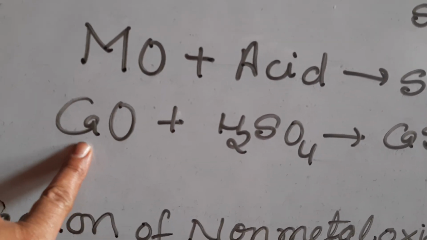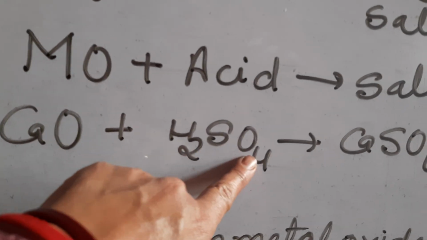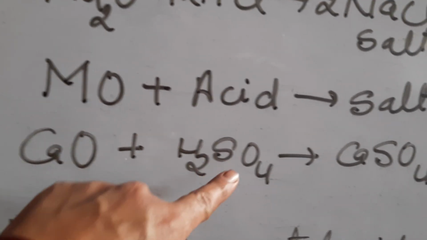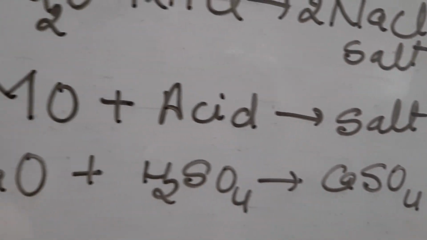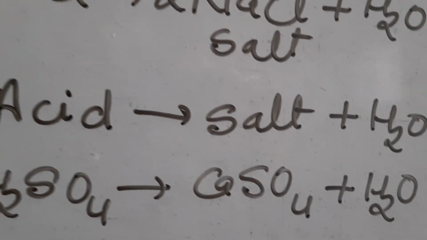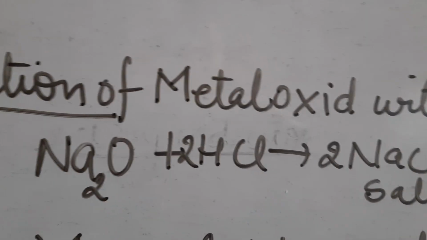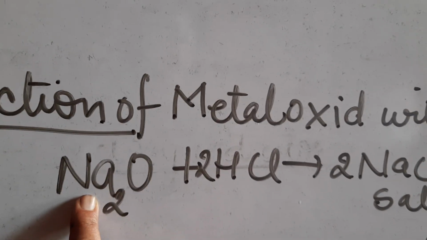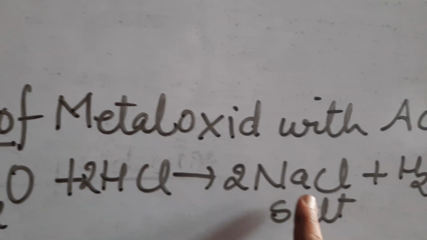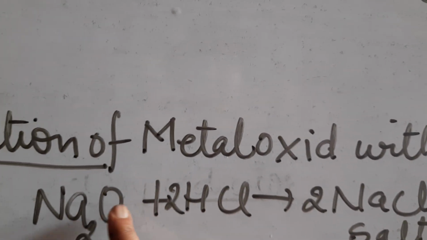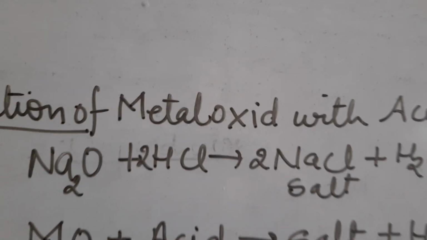Look, from this calcium and the anion we form calcium sulfate, the salt, and this H2 and oxygen combine to give water. Same here, sodium from this part and chloride from this part combine to give salt. H and oxygen combine to give water.